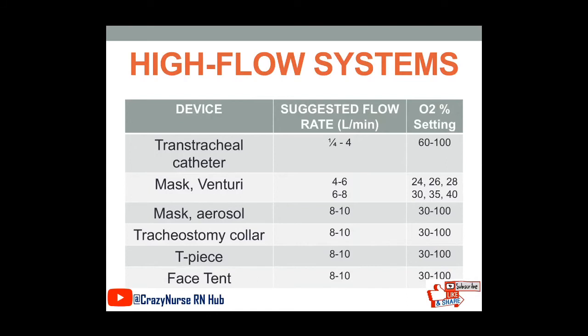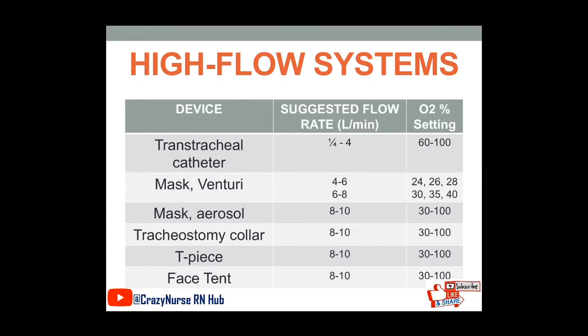So remember that the Venturi mask is used if the patient needs an exact or precise amount of oxygen concentration. Next, we have your aerosol mask, which delivers 8 to 10 liters per minute of oxygen with 30 to 100% oxygen concentration.